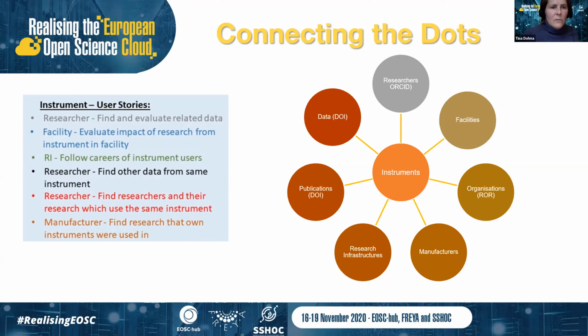And around instruments, it was things like a researcher would like to find and evaluate related data to an instrument, or a facility wants to know if the instrument has great impact in research, or find data from the same instrument. So we're trying to make as many connections as possible to answer as many user stories as possible.